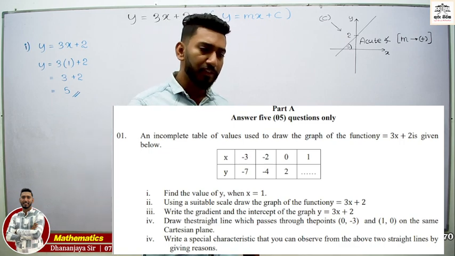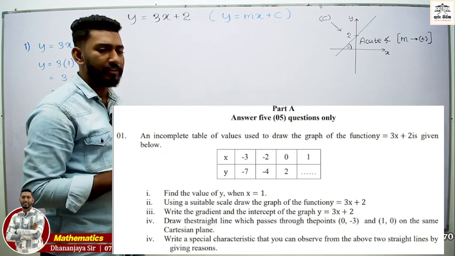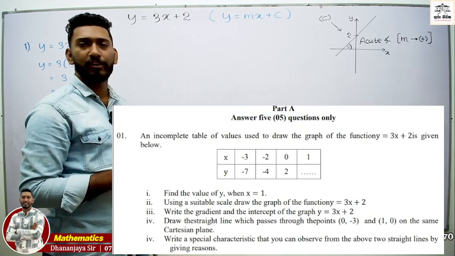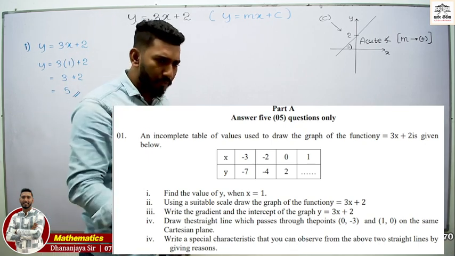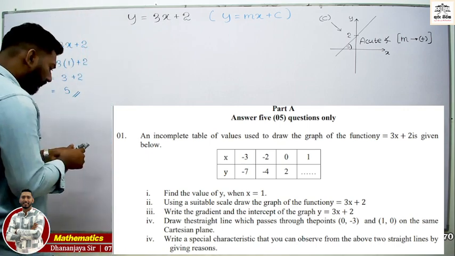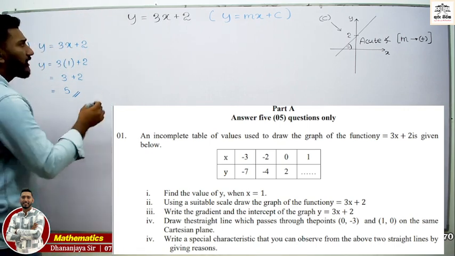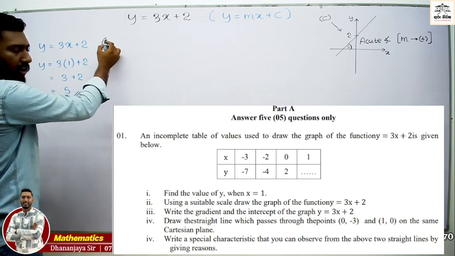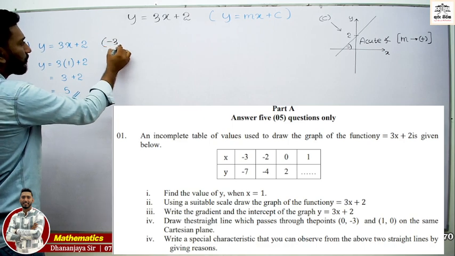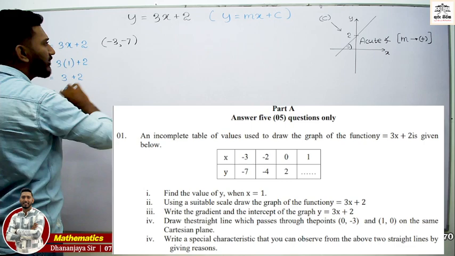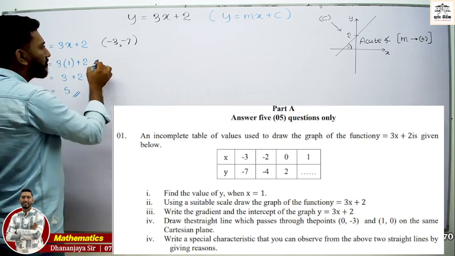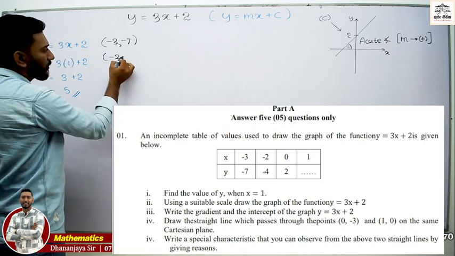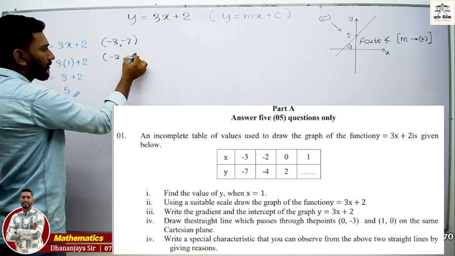Now using suitable scales, draw the graph of the function y equals 3x plus 2. How to draw the graph? What are the coordinates? First coordinate is -3, -7, and second coordinate is -2, -4.